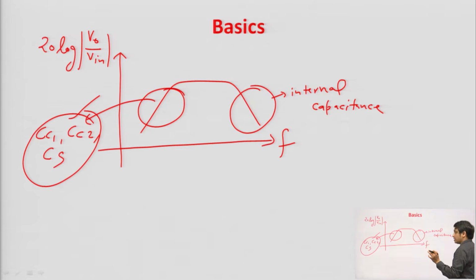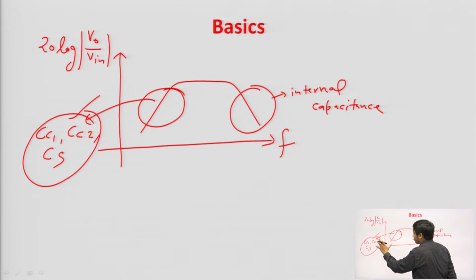For all amplifiers, whether a discrete circuit amplifier or an integrated circuit amplifier, the gain is reduced at high frequency. The reason is that if we are using a transistor, whether BJT or MOSFET, some internal capacitances are formed inside that transistor. So, at high frequency the gain will be reduced. I had explained why at high frequency the internal capacitances play an important role and why at low frequency the coupling capacitors play an important role.